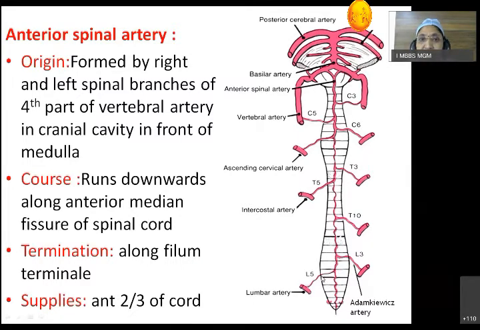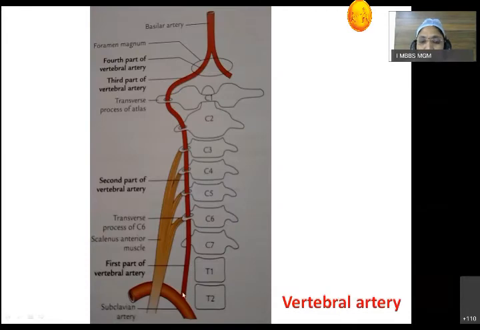Now let us see the course of the vertebral artery. As we know, the vertebral artery is a branch of the subclavian artery, and the subclavian artery comes from the arch of the aorta directly on the left side, whereas on the right side it comes from the brachiocephalic trunk. It has four parts.